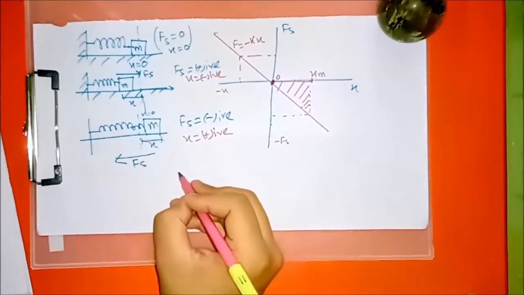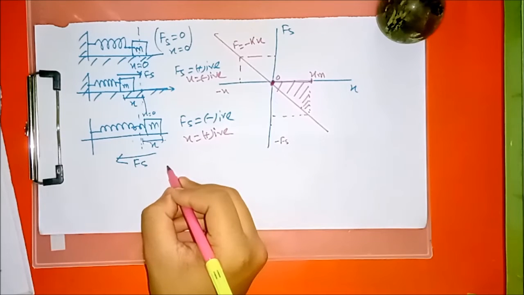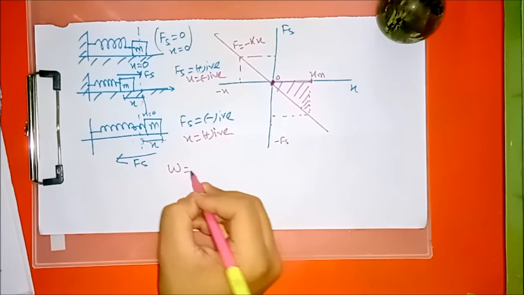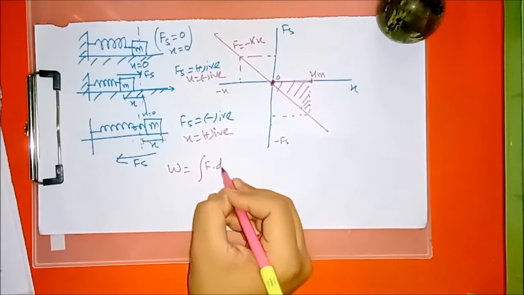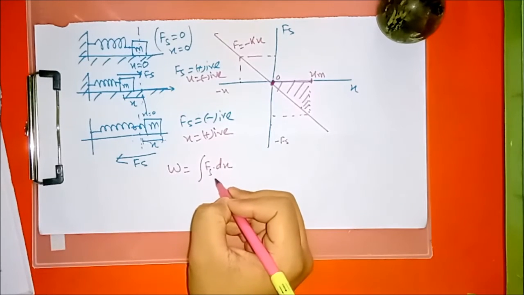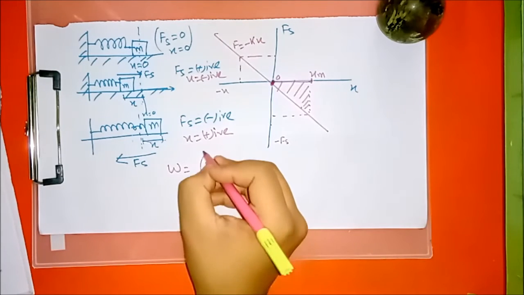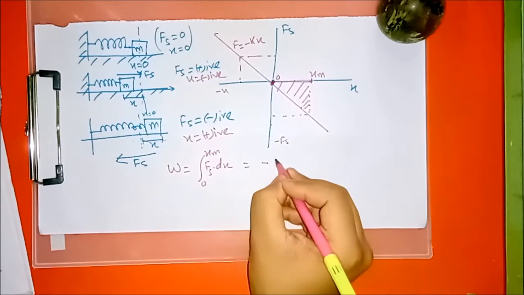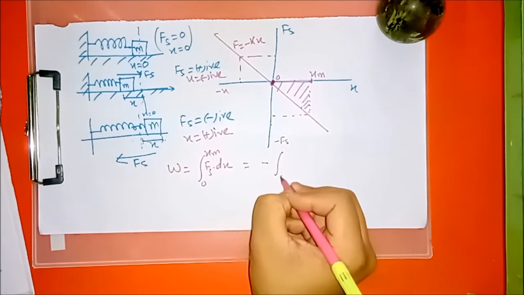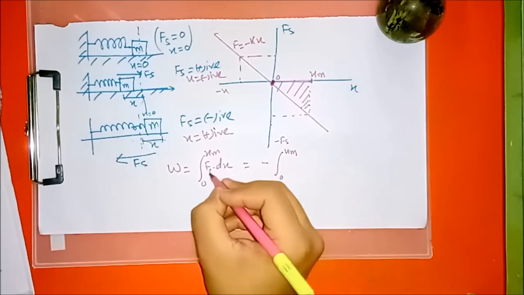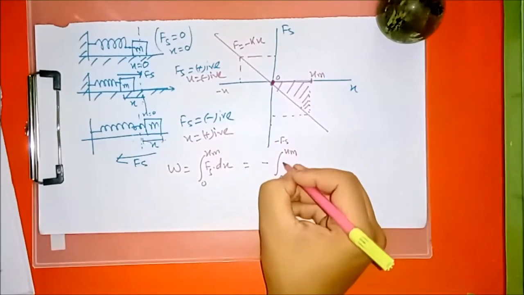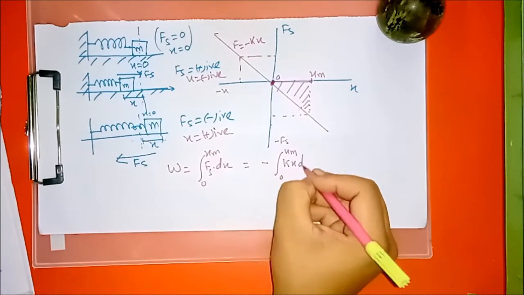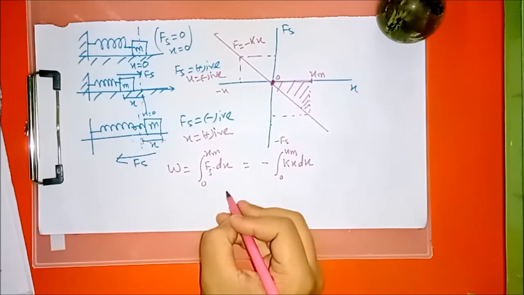Putting this in our simple equation of work done, which is equals to the integral of F dot dx, that is Fx dx, what we get is the integral from 0 to x sub m of Fs dx, as we know that Fs is equals to minus kx, so the integral of minus kx dx.